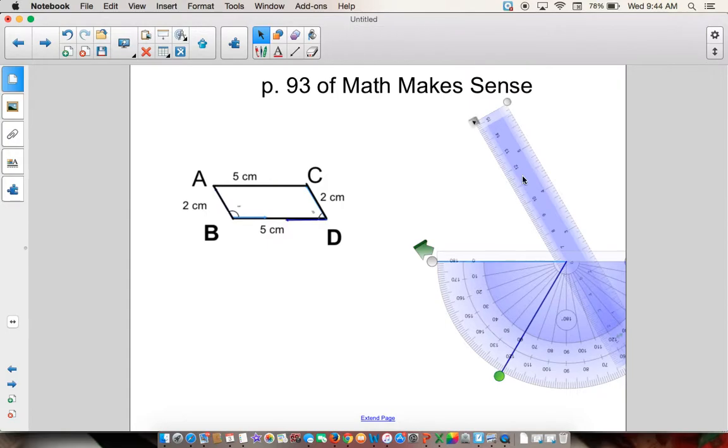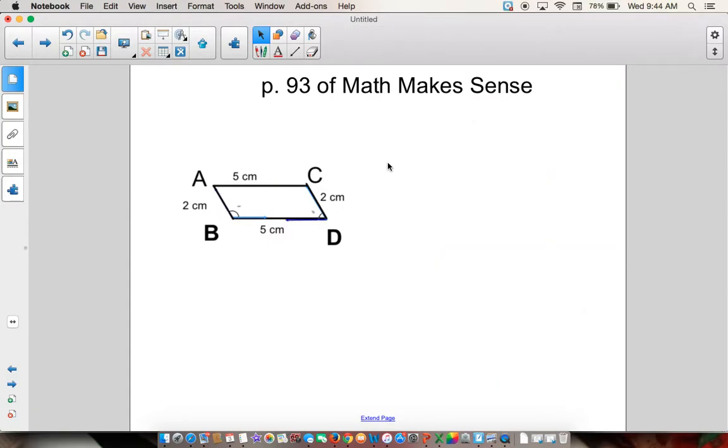And I don't need my ruler anymore, so I delete my ruler. And that's how we make a quadrilateral using a protractor and a ruler. Your job today is to complete question 1 on page 94 and question 6 on page 95.